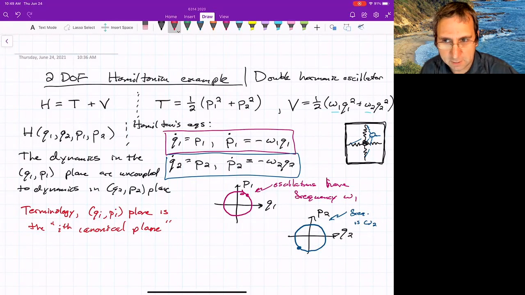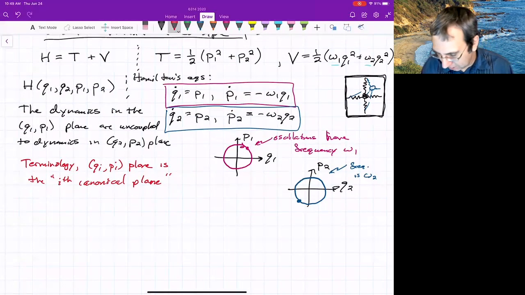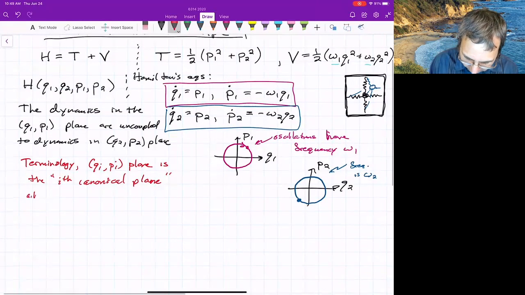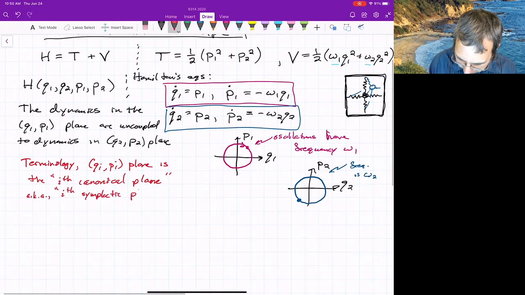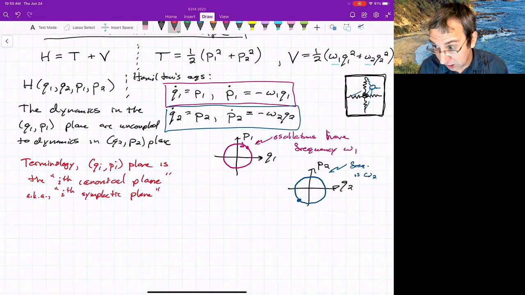Q1 is going to be intimately related to P1 because P1 is its conjugate momentum. Q1 is only going to be somehow distantly related to P2. It's sometimes called the canonical plane or symplectic plane. Different books have different terminology. Again, this word symplectic, if I remember my etymology correctly, has something to do with complex numbers.